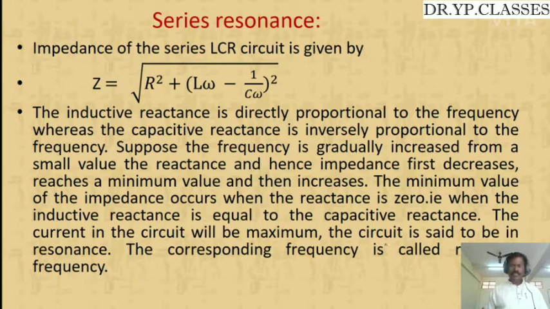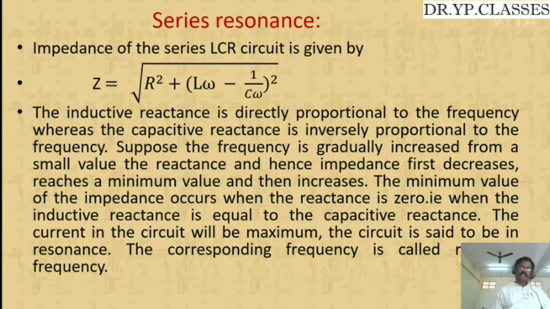What is meant by a series resonance? In this series circuit, impedance is given by Z equal to square root of R square plus (L omega minus 1 over C omega) square. Here we observe that there are three parts.